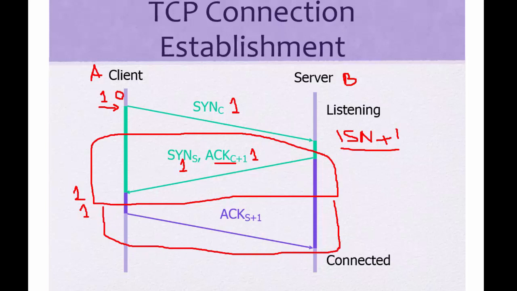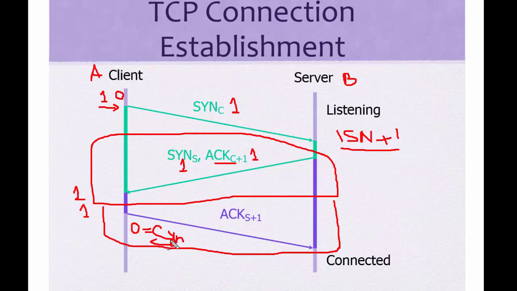In this step, device A sends a TCP segment to device B that acknowledges receipt of device B's initial sequence number, with the SYN flag set to 0.